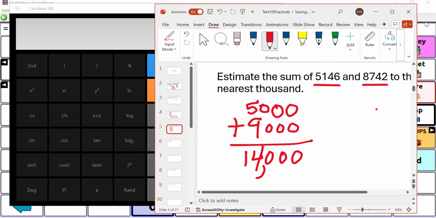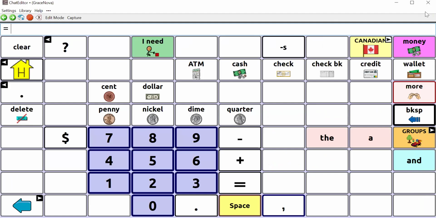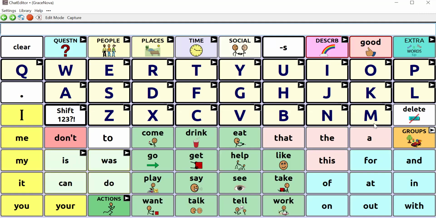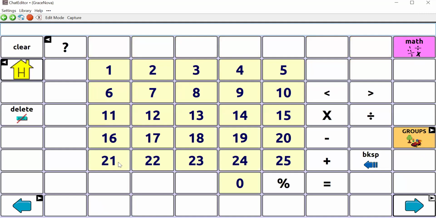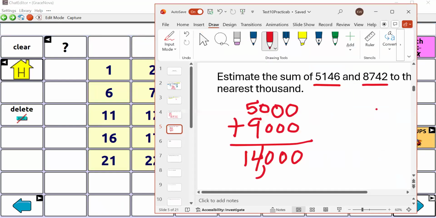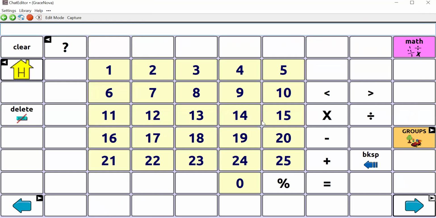Again, if you did this in your head, adding those two together, you could have just said, I would probably do the math page on this one and do, you know, what was it? 5,000 plus 9,000 equals, and that doesn't even go up that high here. So we're in the math.